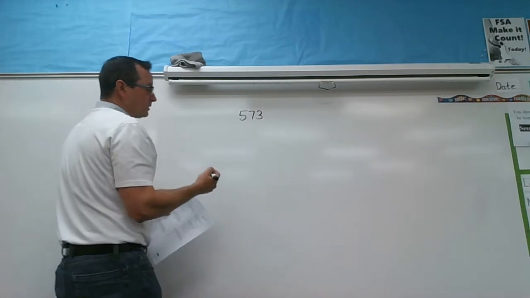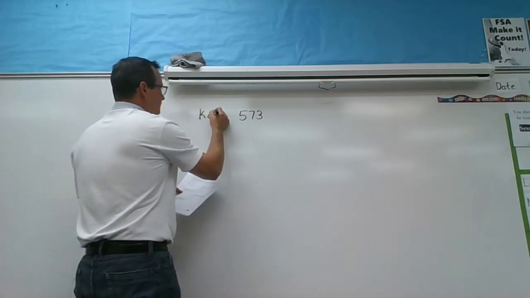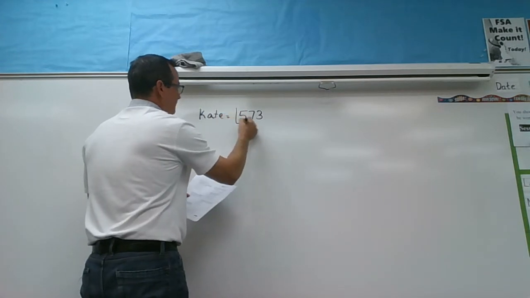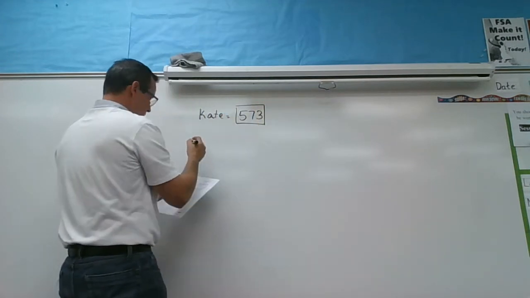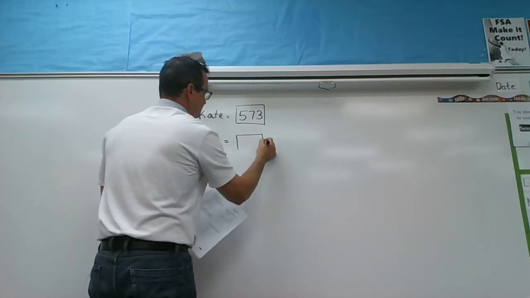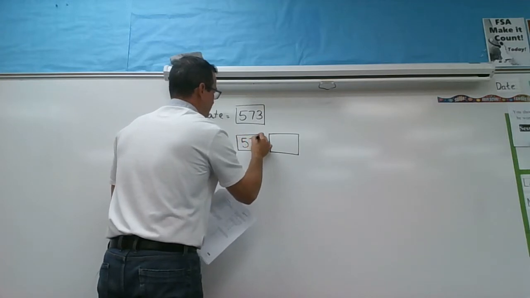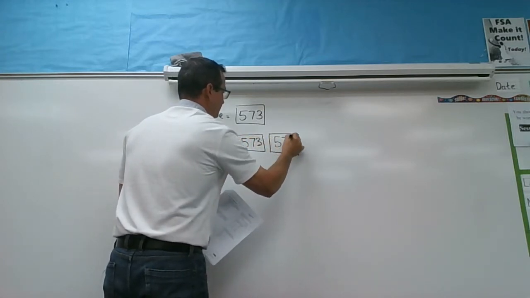If you remember, we can line this up like this. Kate is 573. Zoe is 2 times 573.